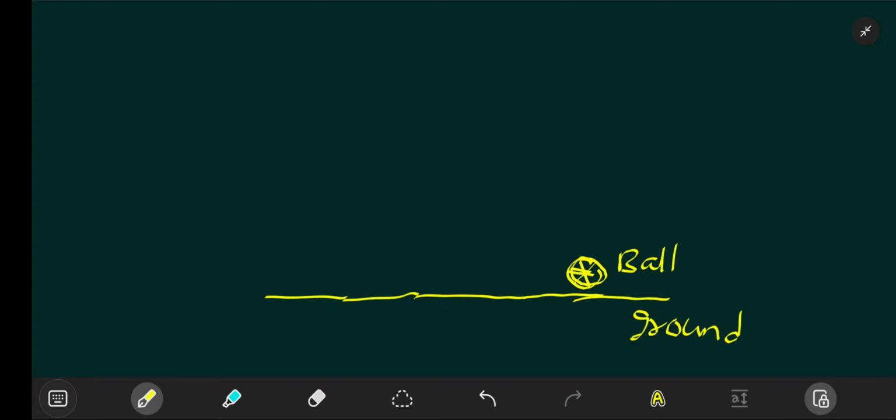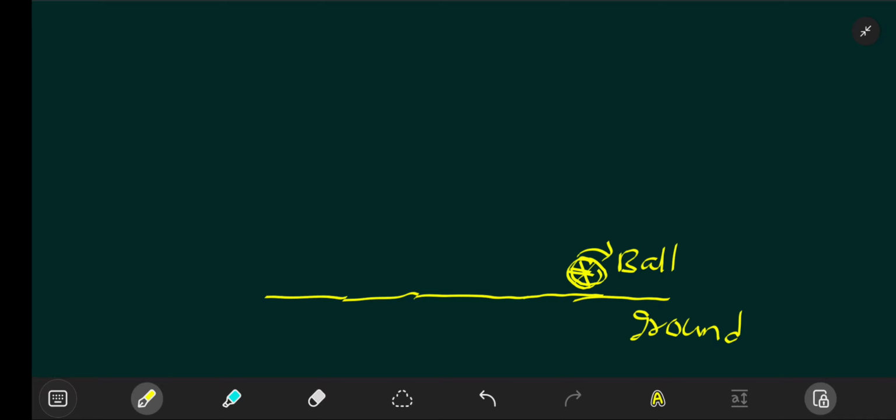suppose this is the ground and an object is present on the ground. Suppose this is a ball.